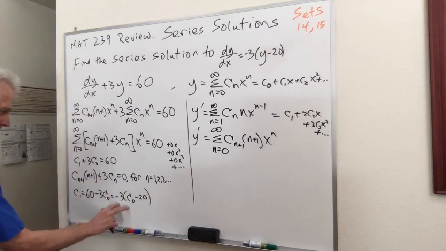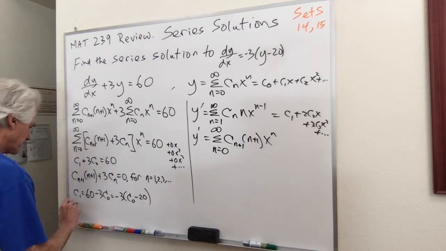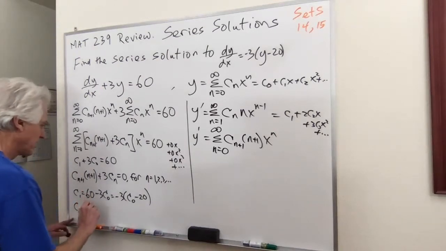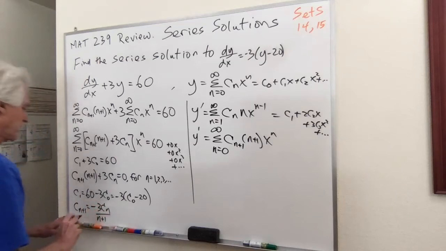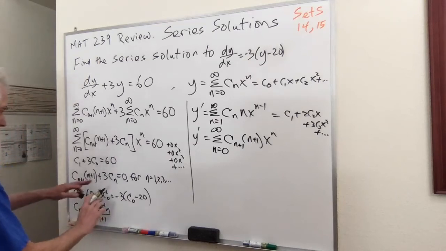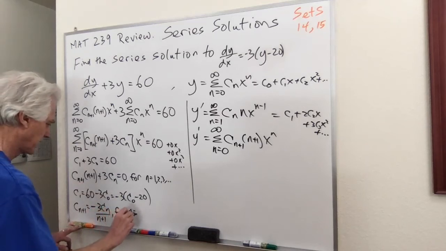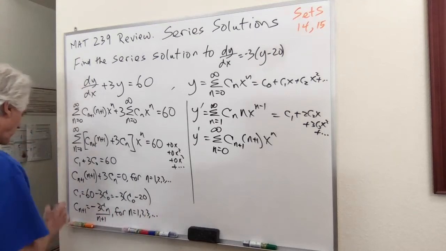Okay, good. And then I get c sub n plus 1 is minus 3cn over n plus 1, for n is 1, 2, 3, dot, dot, dot.